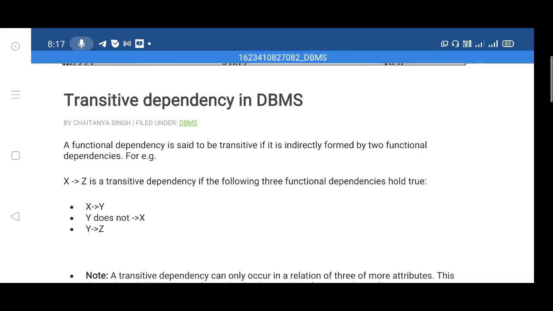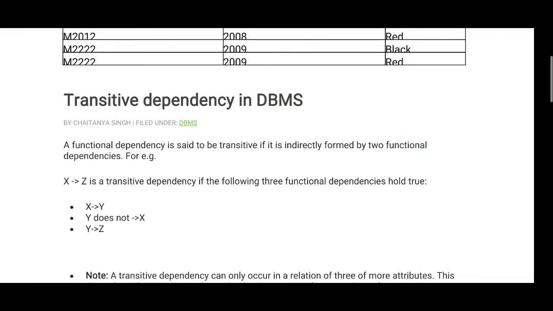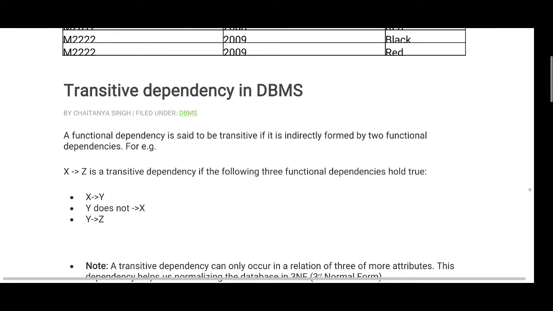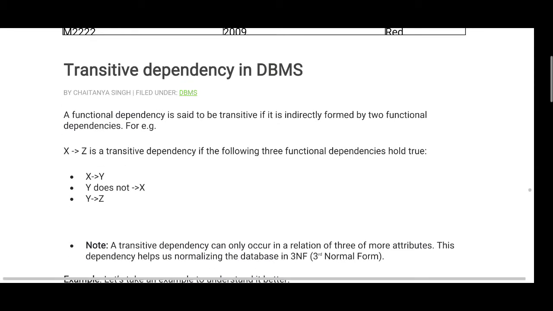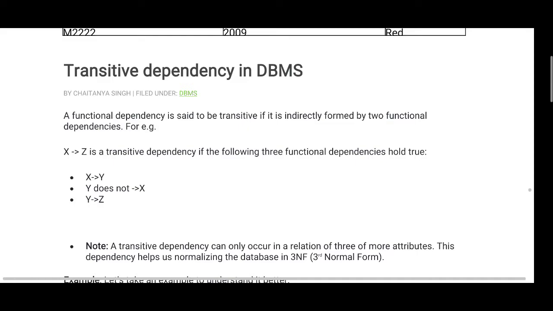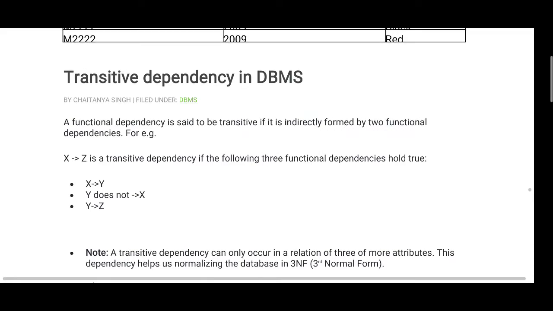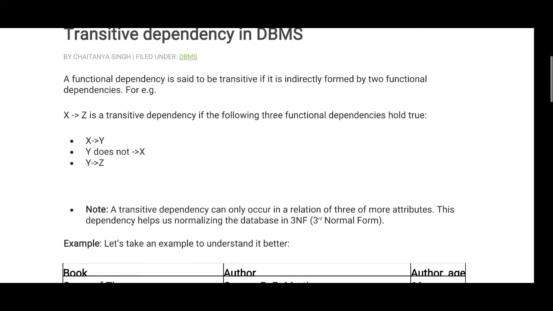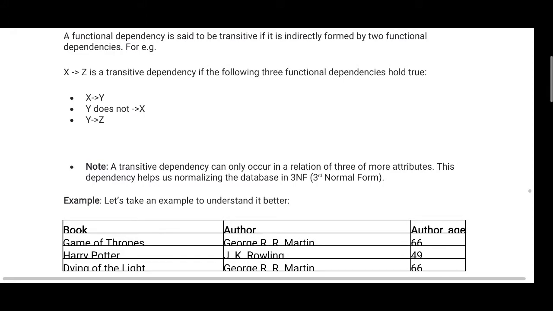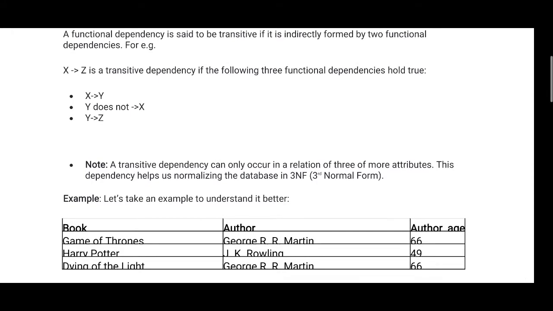X determines Z is a transitive dependency if the following three functional dependencies hold true: X determines Y, Y does not determine X, and Y determines Z. A transitive dependency can occur in a relation of three or more attributes. This dependency helps in normalizing the database into third normal form.